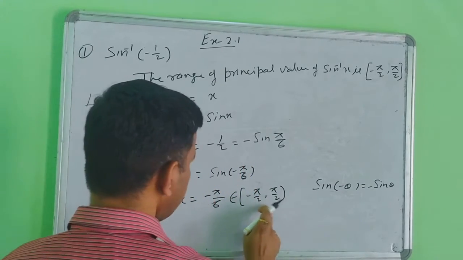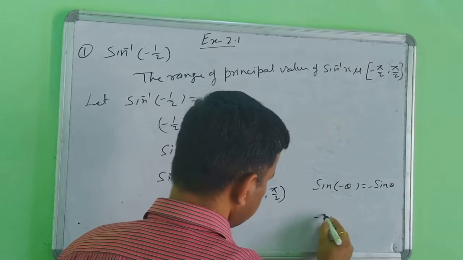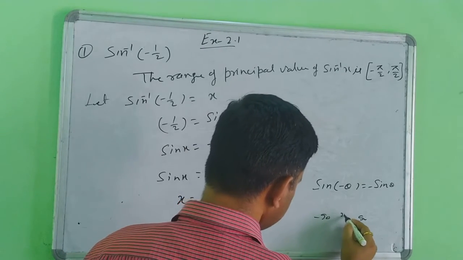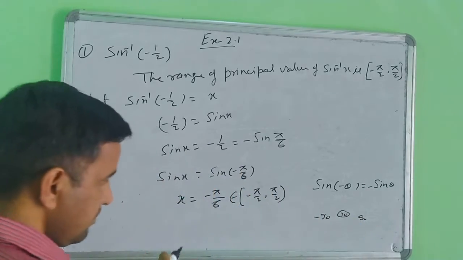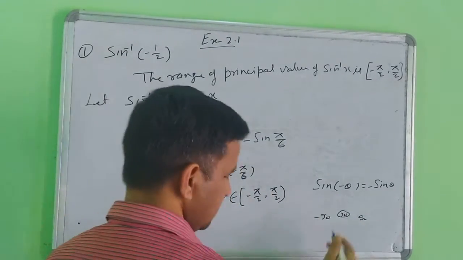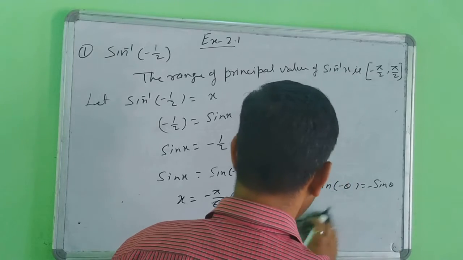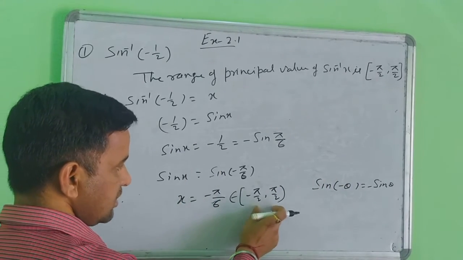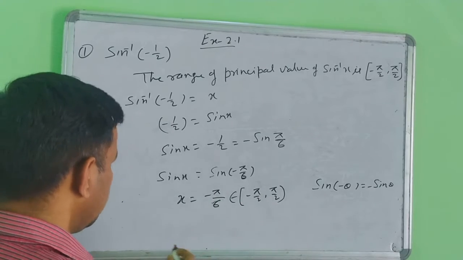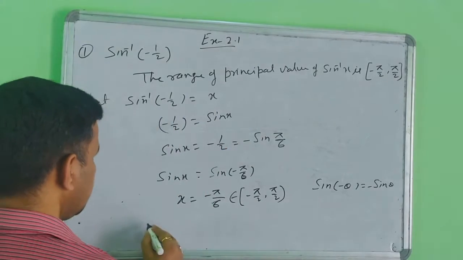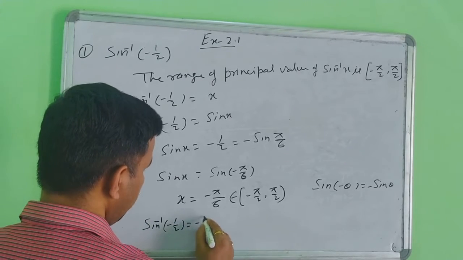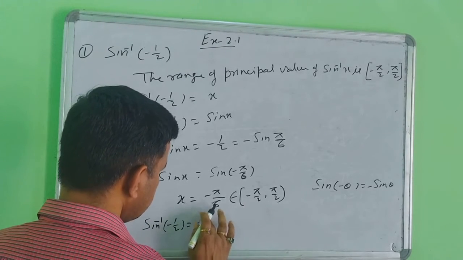Because pi by 2 means 90, so minus 90 to plus 90, and minus pi by 6 is minus 30, which lies between them. So this solution belongs to this range. So you can write here sin inverse of minus 1 by 2 equals minus pi by 6.